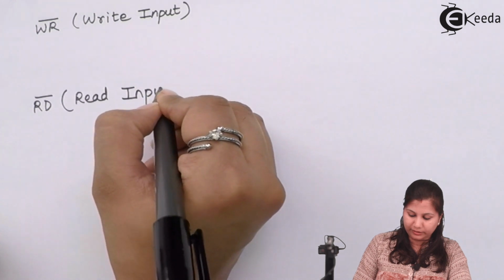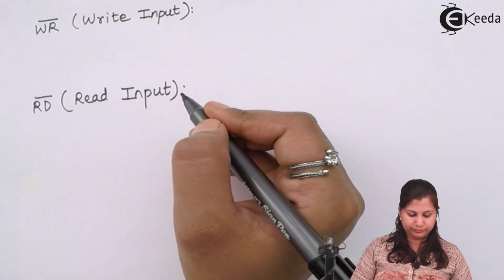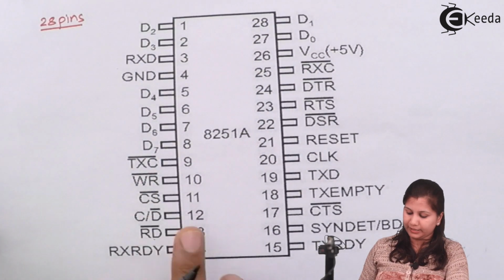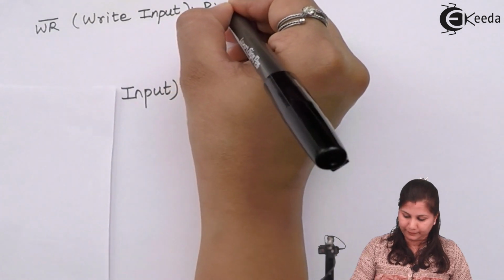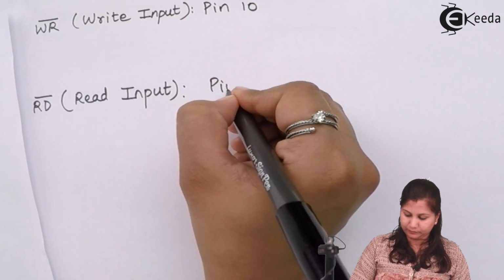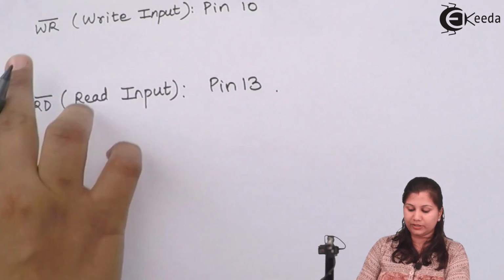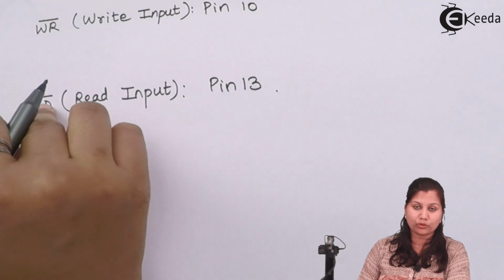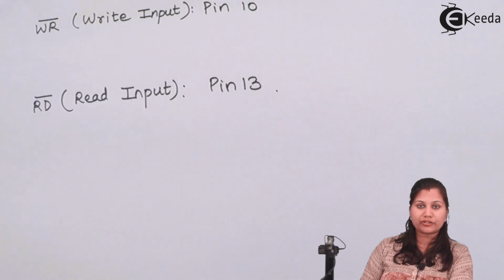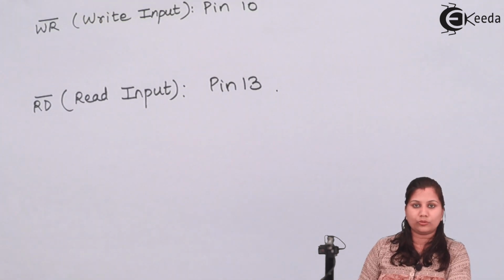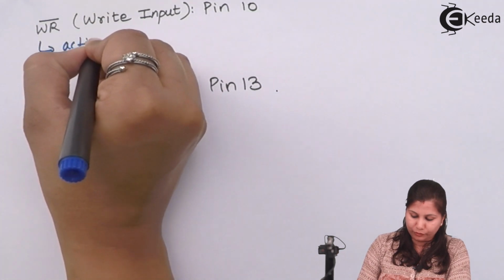Both are input terminals, available at pin number 10 for write and pin number 13 for read. Now these two input signals have a bar over them, meaning they are active low signals. They will function when their value is 0.